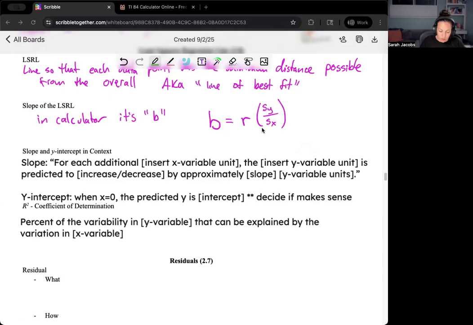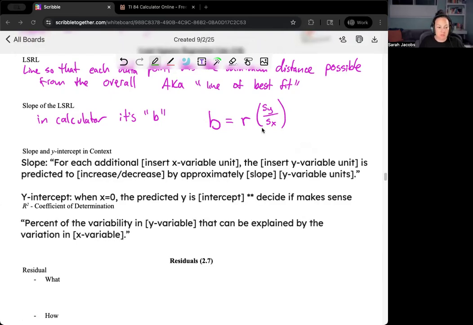Okay, so I'm going to put that in quotes because I want you to say it the same way every time.